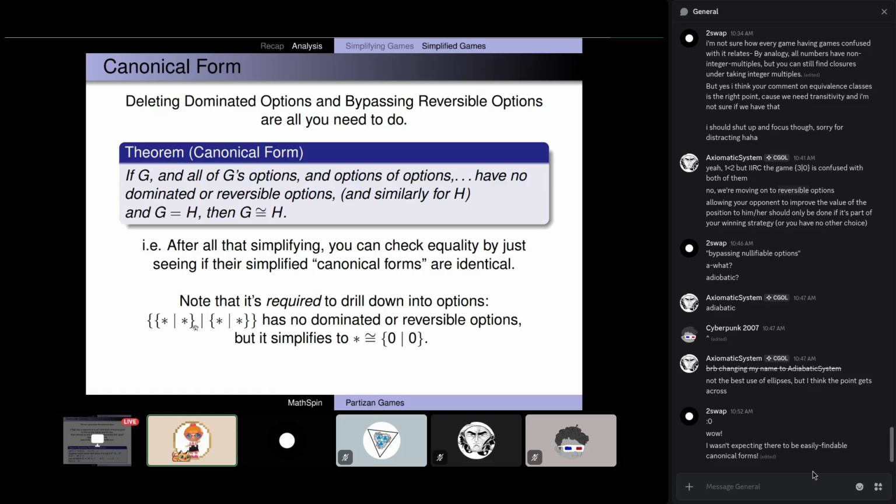This game where left moves to star and right moves to star, and right can move to the same thing. This game has no dominated or reversible options, but its options do, and when you actually simplify it, it simplifies down to star. So that's a counterexample to a more naive version of this canonical form theorem.